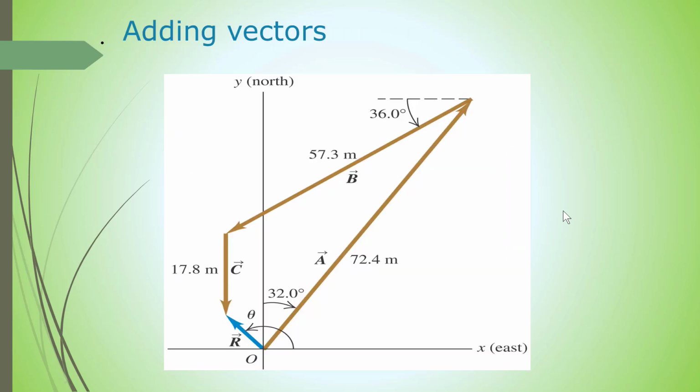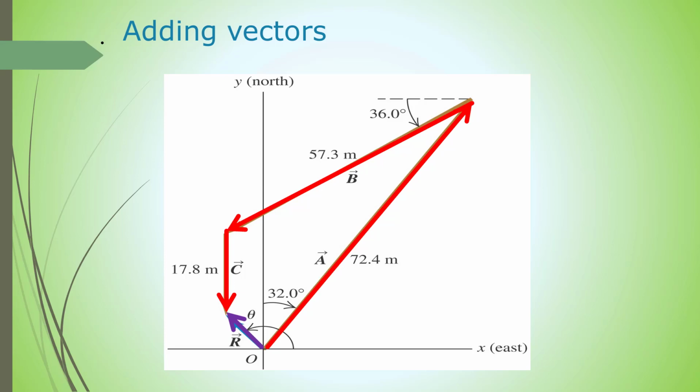So again, another example, if we are having more than two vectors, let's say we are having this vector A, we will place the tail of second vector with the head of this first vector, you can see, then tail of third vector with the head of second vector. So these three vectors are added and their resultant will be starting from tail of the first to the head of the last. So this will be the resultant of these vectors.